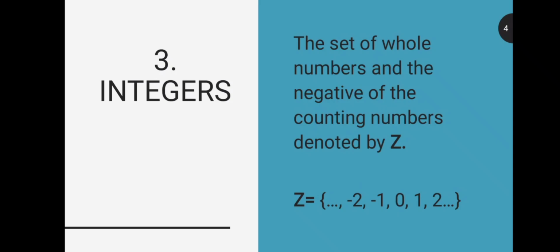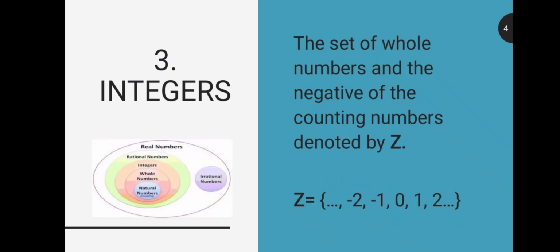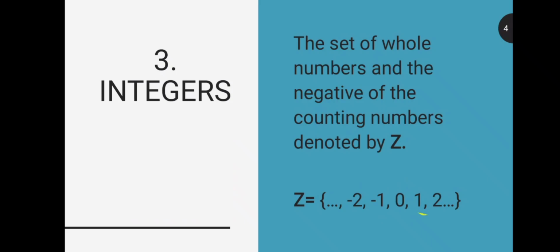Integers include all the whole numbers and their opposites. And it also includes 0. The opposite of 1 is negative 1. The opposite of 2 is negative 2, and so on. And both of these are integers.